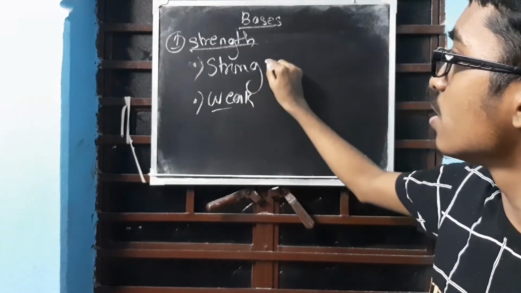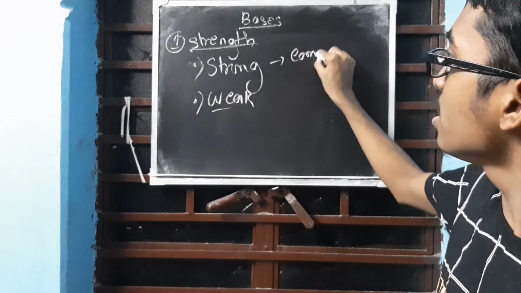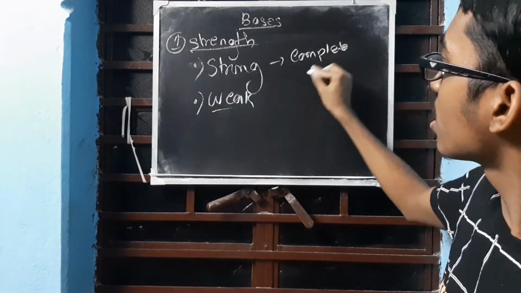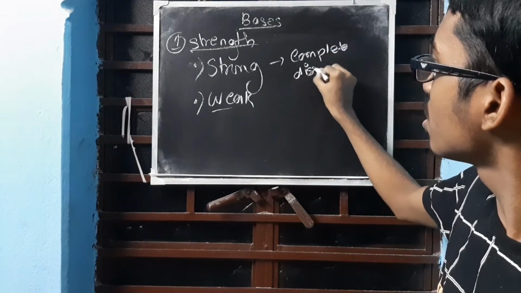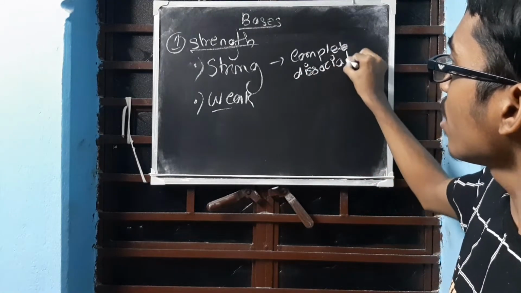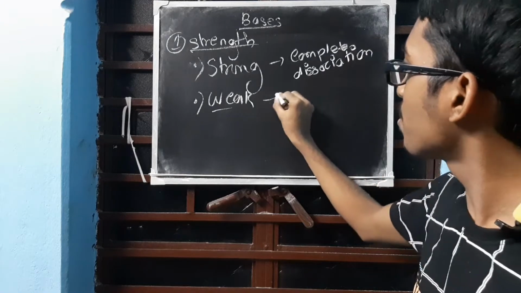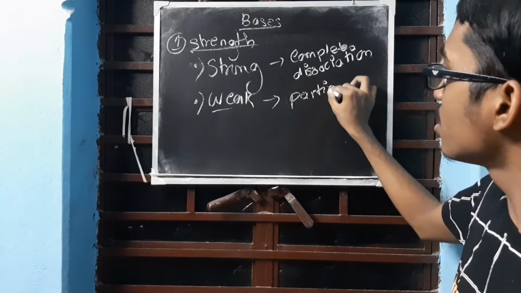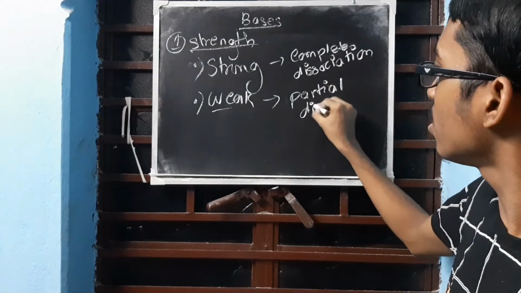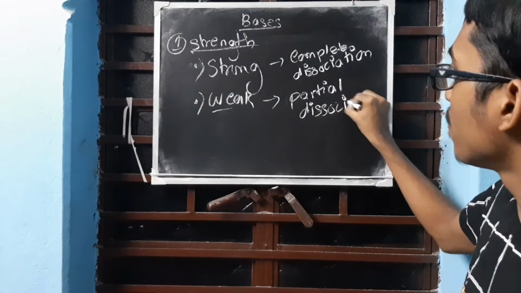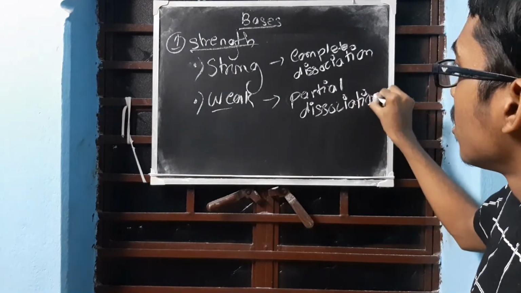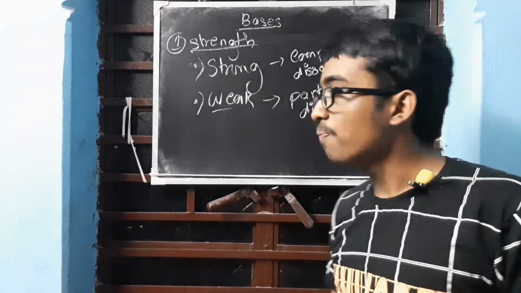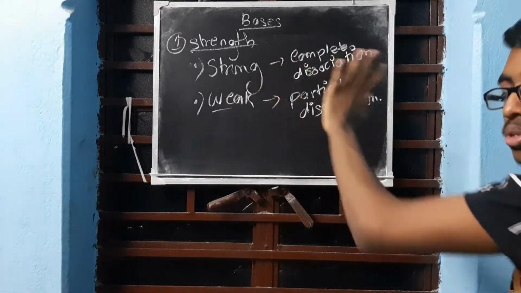Strong means complete dissociation, and weak will be partial dissociation. This term you will get again when you learn the chapter electrolysis. So first is strong, complete dissociation.